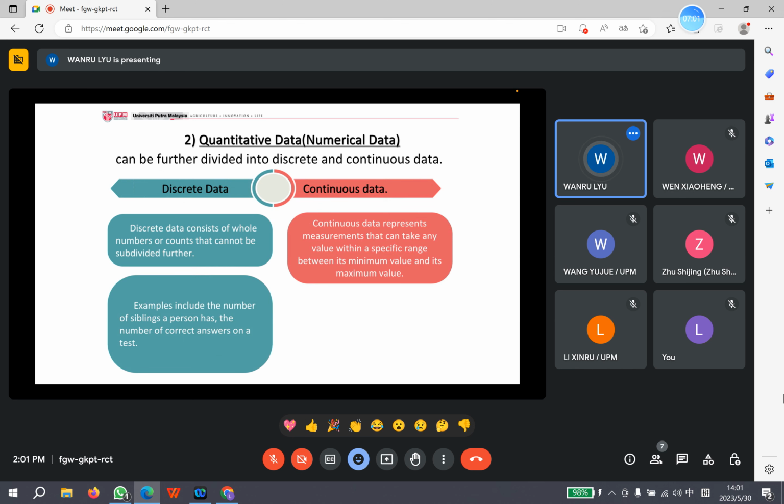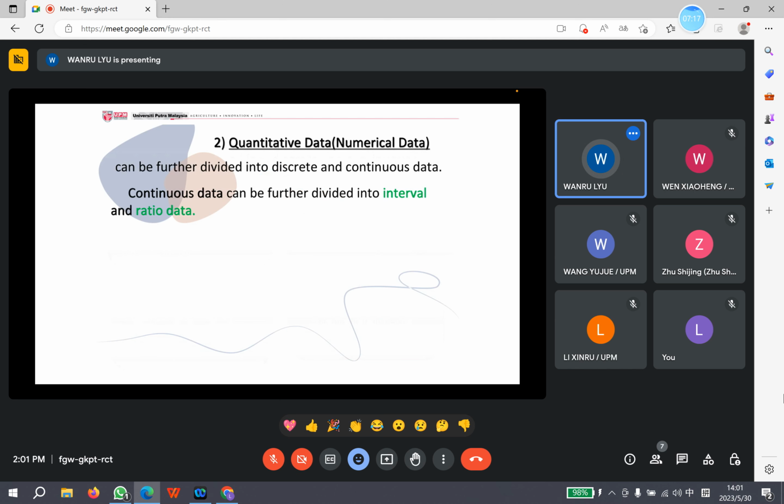Continuous data, on the contrary, can take any value within a specific range, from its maximum value to its minimum value. For example, height, weight, temperature, or time. And to be further talked about, continuous data can be further divided into interval and ratio data.